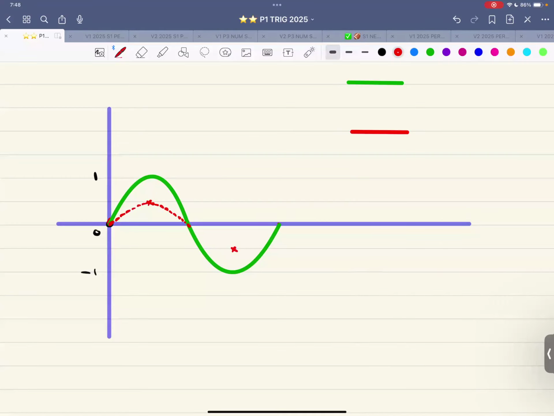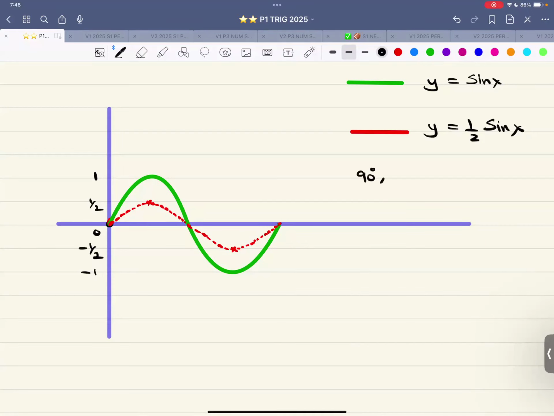Got the idea? So it is artwork that you have to create. This is y equals sine x, the original one. And this is y equals half sine x. So this is half, this is negative half.